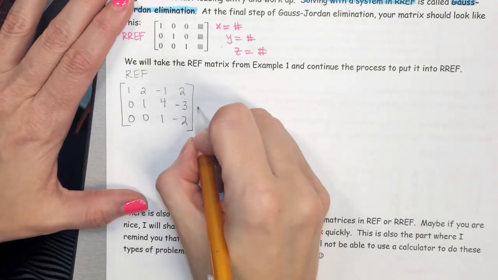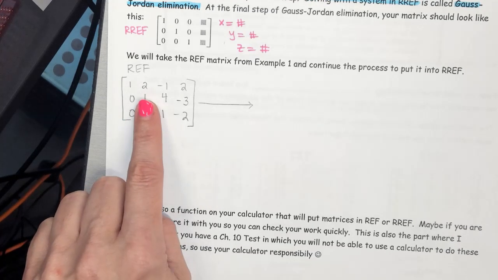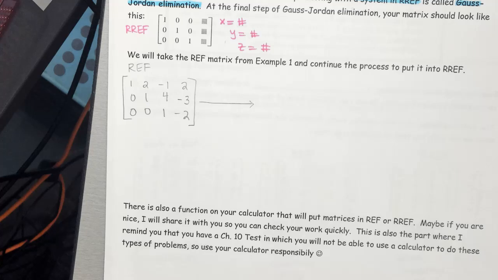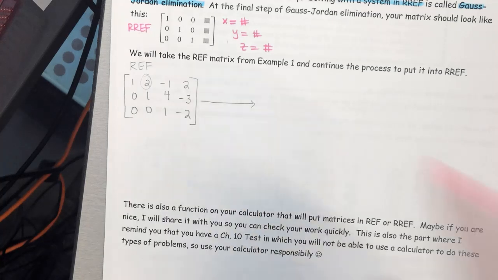Okay, so what we're going to do now is get the 0 above. I want you to think about how we can make this 2 into a 0. If you think you know what we're going to do, just write that rule down here.